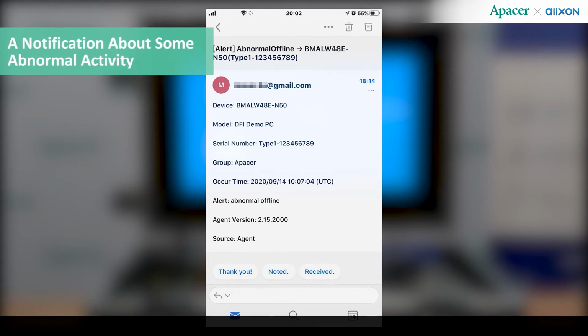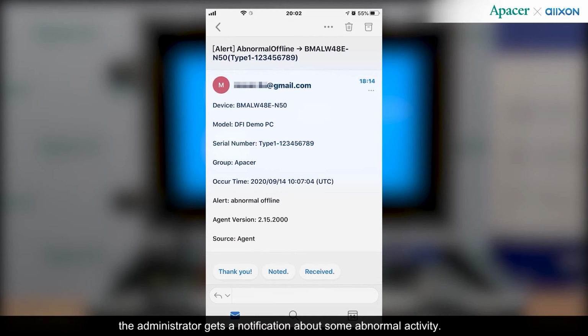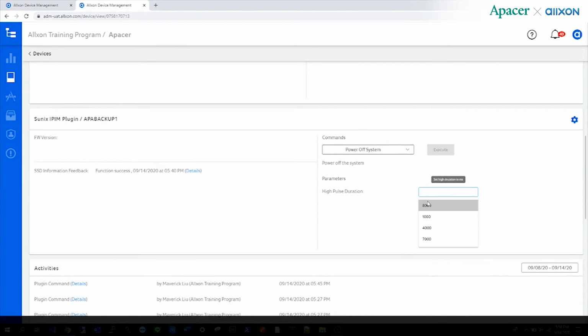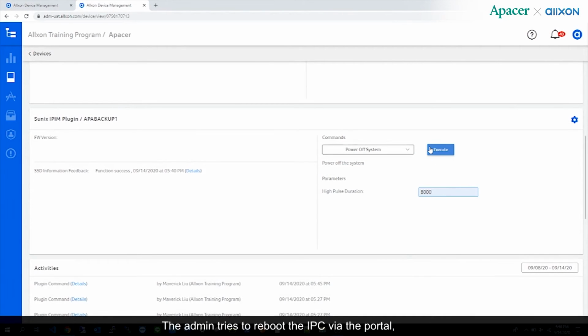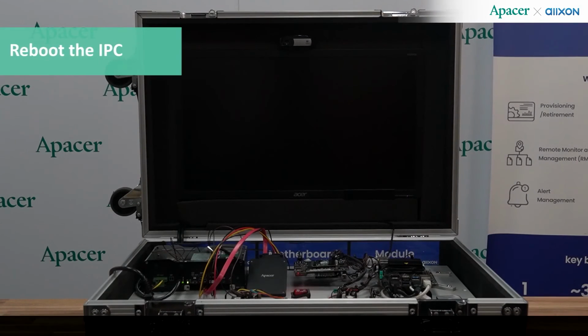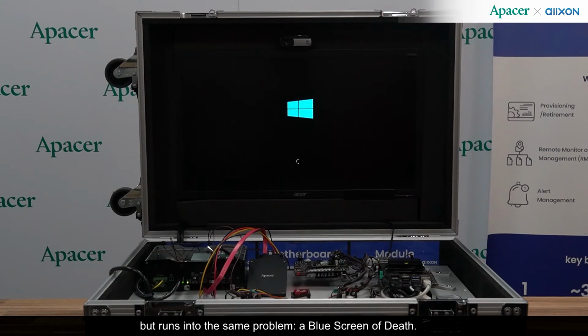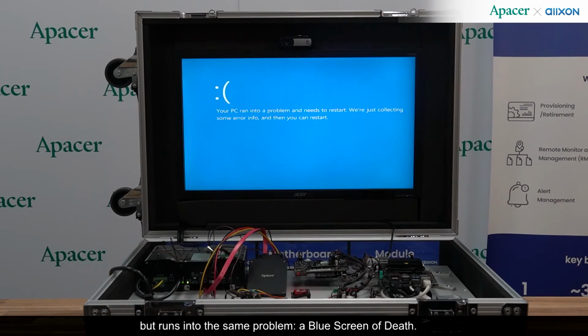On the laptop running the ADM portal, the administrator gets a notification about some abnormal activity. The admin tries to reboot the IPC via the portal, but runs into the same problem: a blue screen of death.